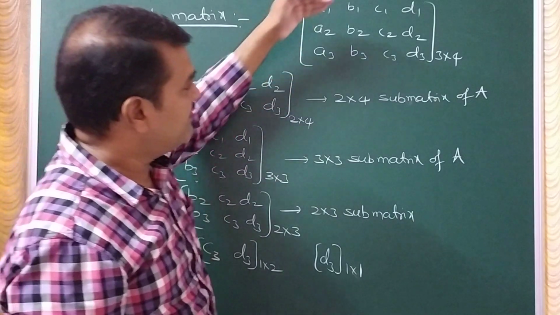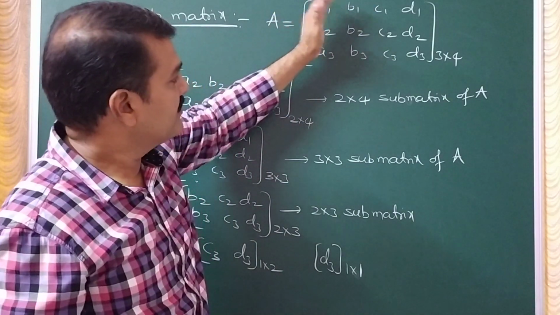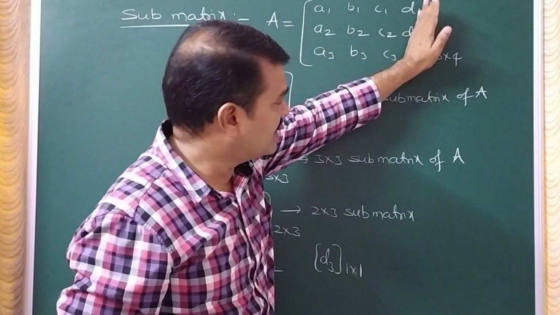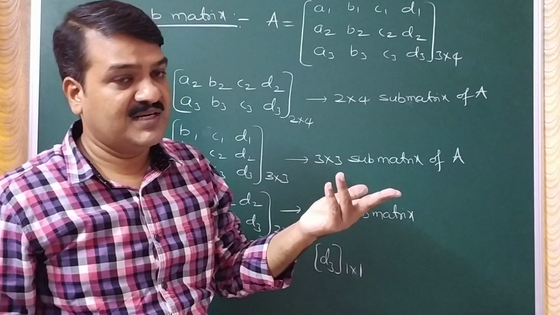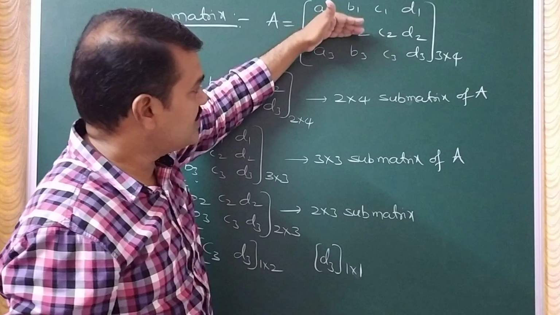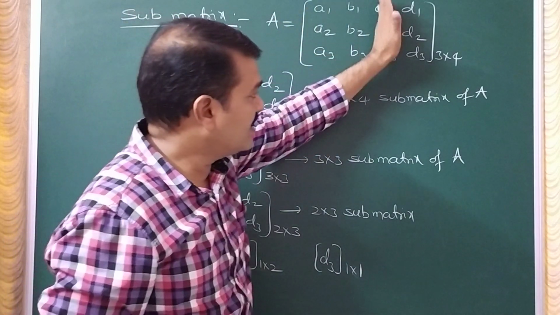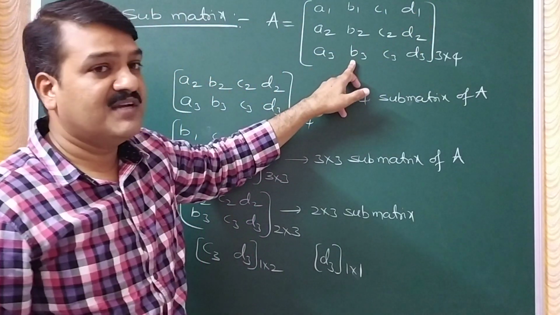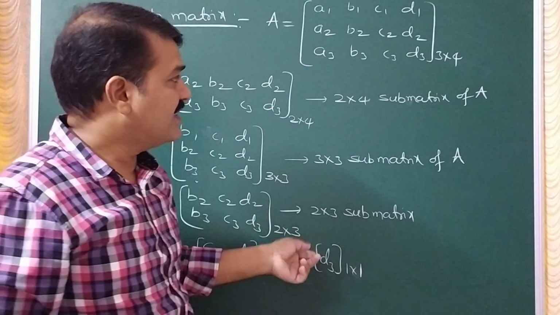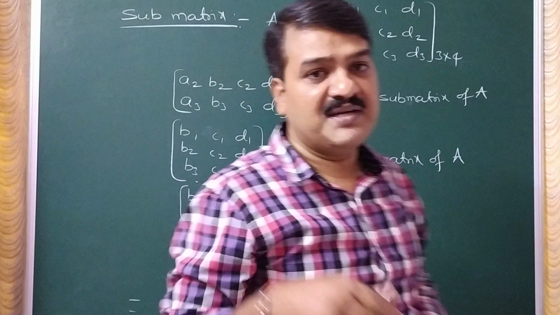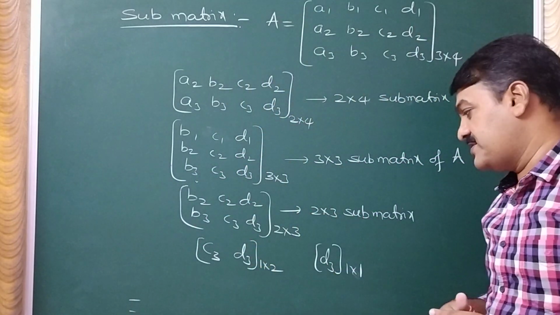For example, if I remove first row, second row, first column, second column, fourth column, only C3 is left. C3 is a 1 cross 1 submatrix. If I remove first row, second row, first column, third column, fourth column, only B3 is left. So B3 can be taken as a 1 cross 1 submatrix. Like that, every element of the matrix can be taken as a 1 cross 1 submatrix.